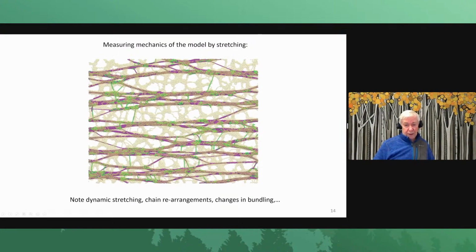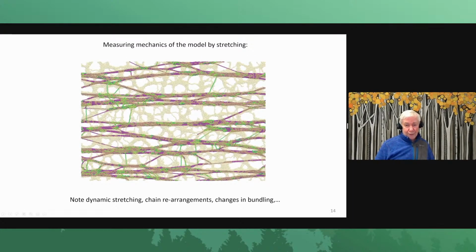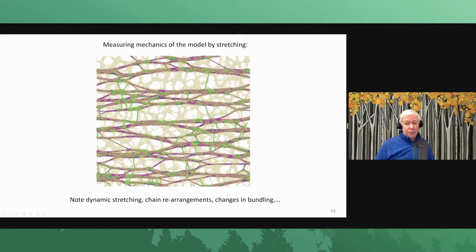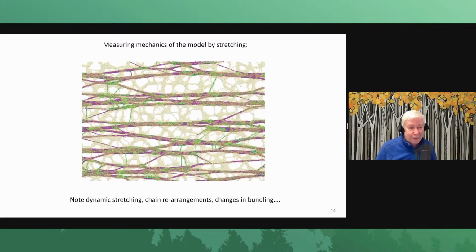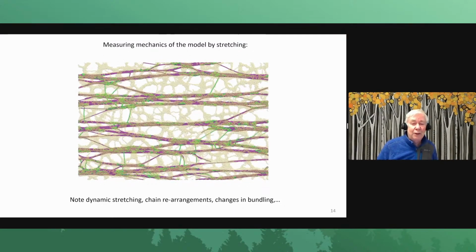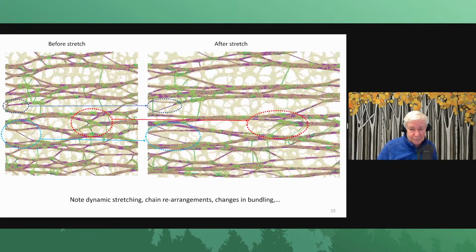In our Science article, there's a movie like this in the supplemental material. What you see is rearrangements of the cellulose microfibrils. You see dynamic stretching of xyloglucans. They let things go, as you can follow by looking at some of these highlighted regions before and after.